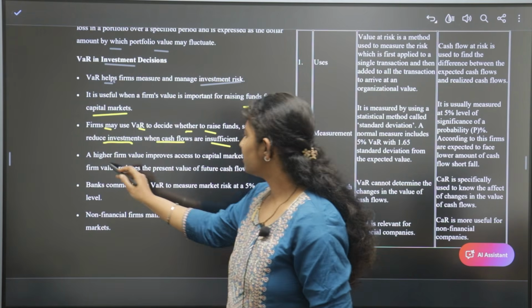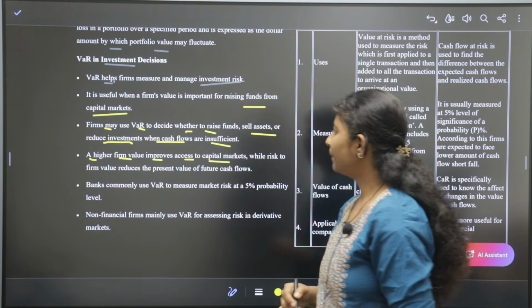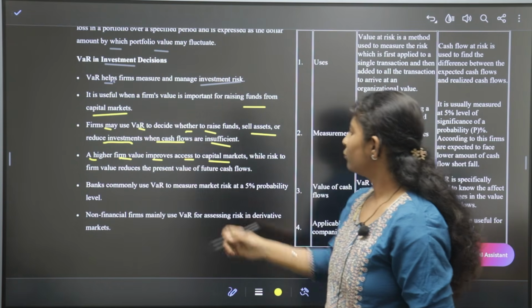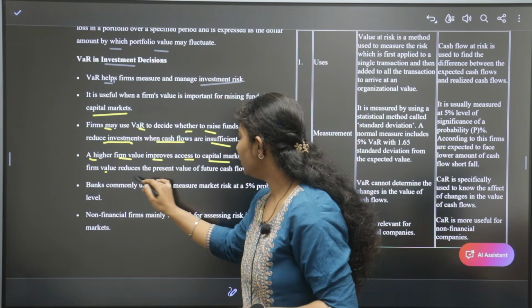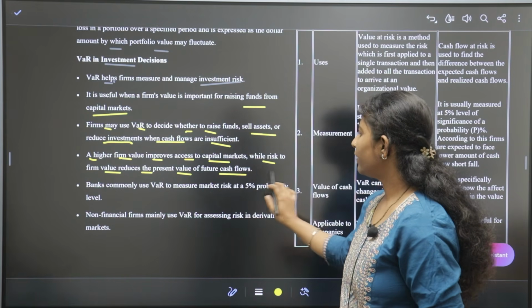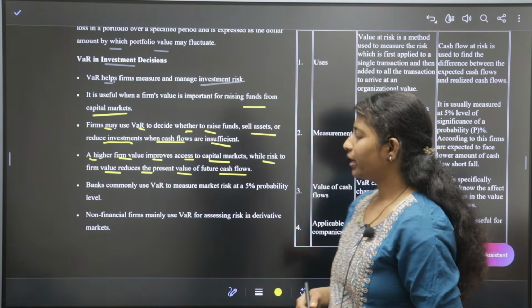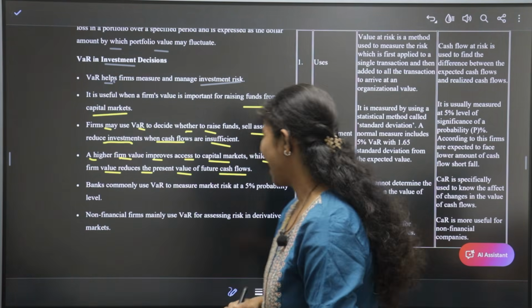Higher firm value also improves access to the capital market, while risk to firm value reduces the present value of future cash flow.